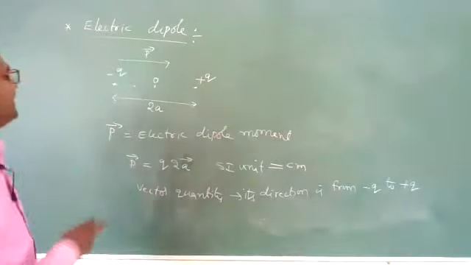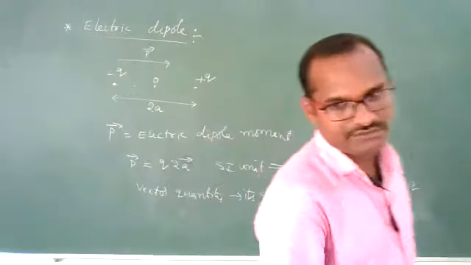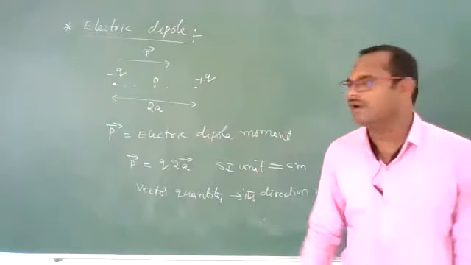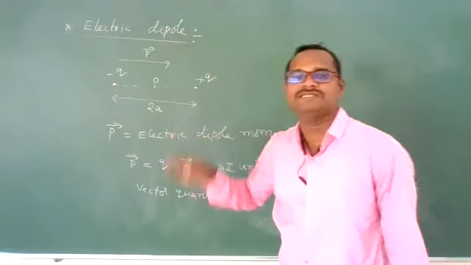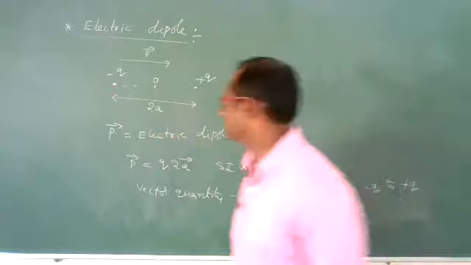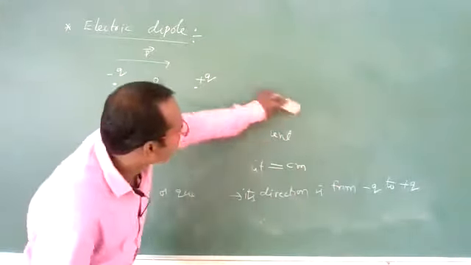Now, every electric dipole will produce its own electric field. What will be the value along the axial line, and along the equatorial line? Let us discuss. These two charges form a dipole.